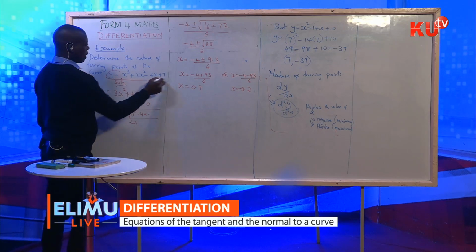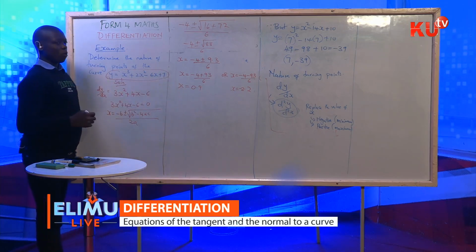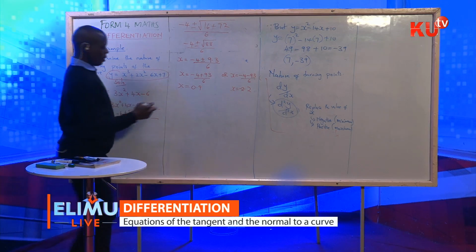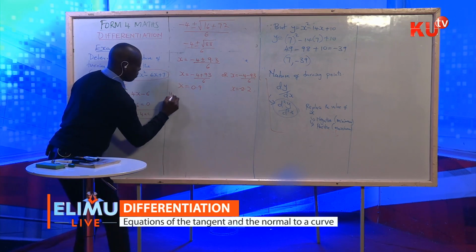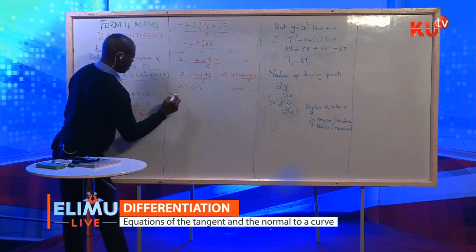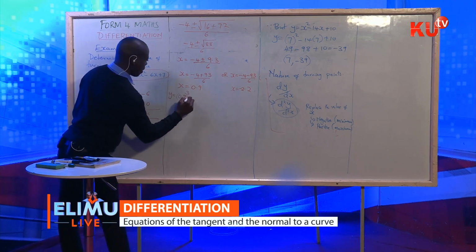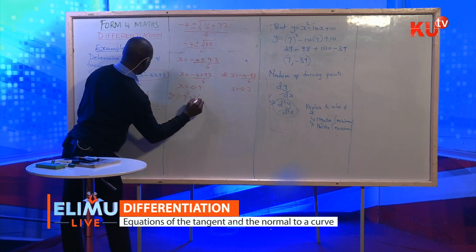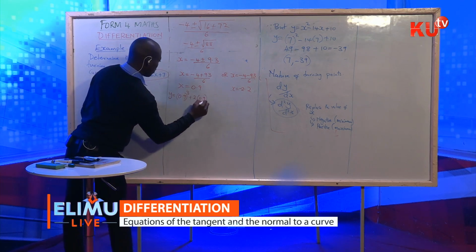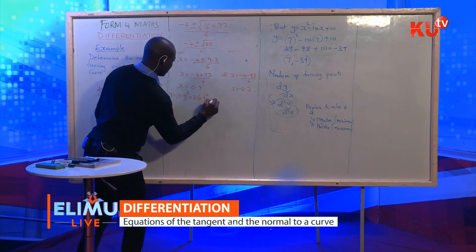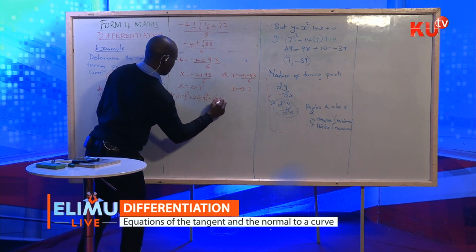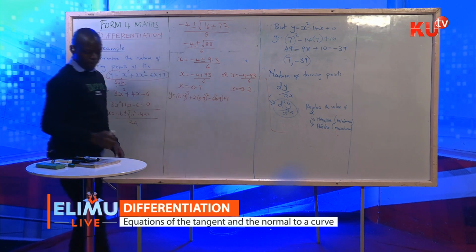And this is the function for y to get what is y. So in this first case, y will be equal to x cubed, that will be 0.9 cubed, plus twice into 0.9 squared, less 6 into 0.9, add 7.